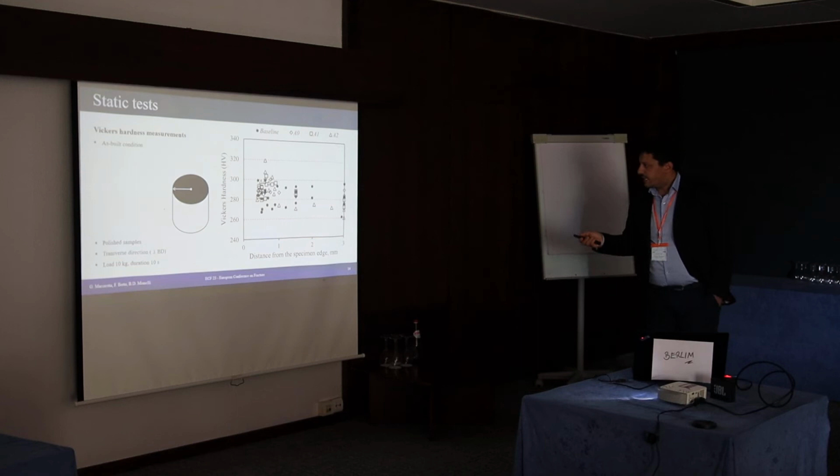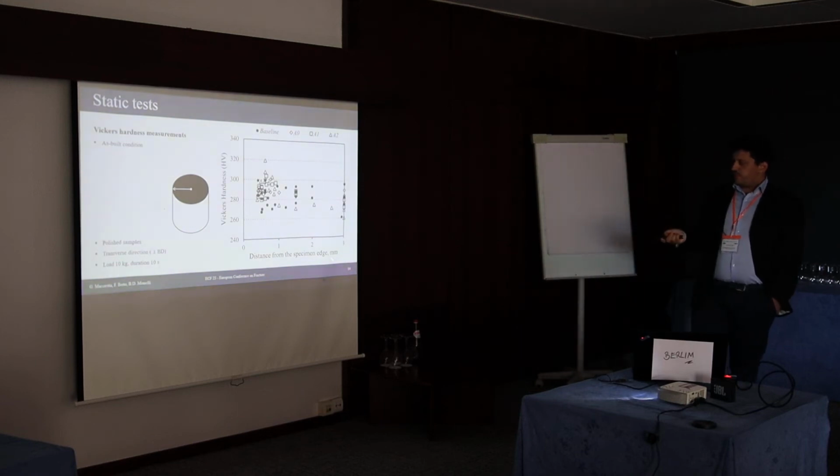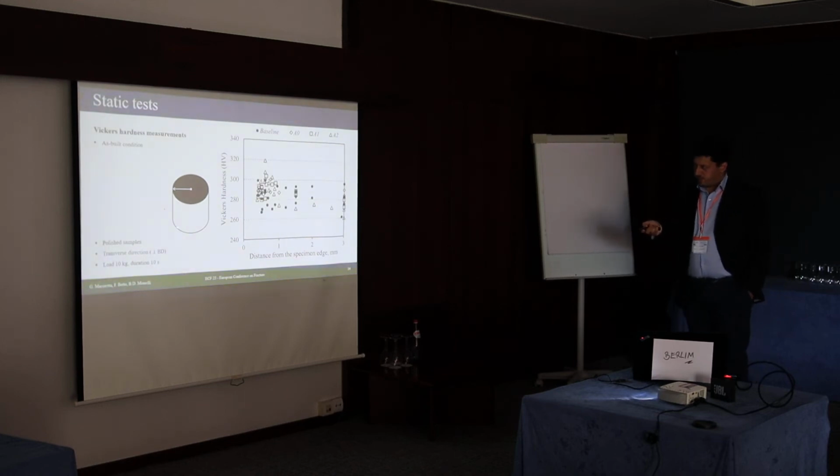If we investigate what happened in terms of Vickers hardness, here you can see the axis of the image is a path from the center towards the outer part of the specimen, measured on the transverse direction with polished surfaces.